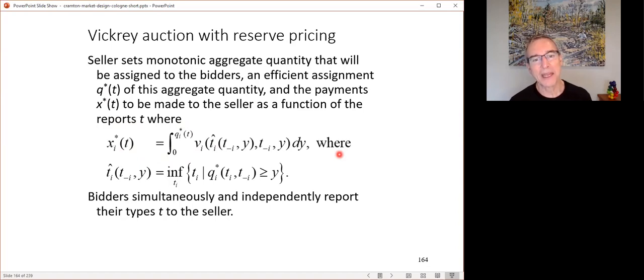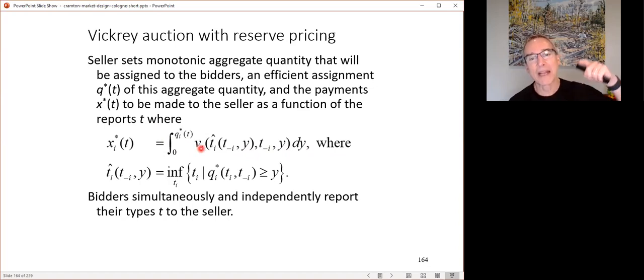So essentially you're paying marginal value, integrating over the quantity that you're allocated, but I'm evaluating your marginal value not at your actual report, t i, but at the lowest possible report you could have made and still won this quantity y. And I do that for every incremental quantity from 0 up to the quantity that you got, q i star.